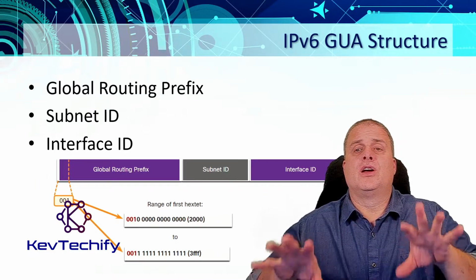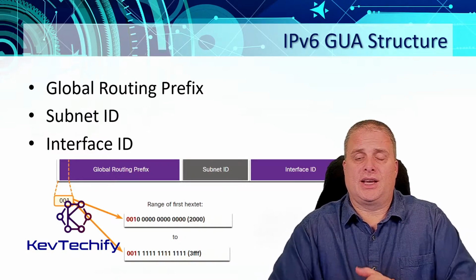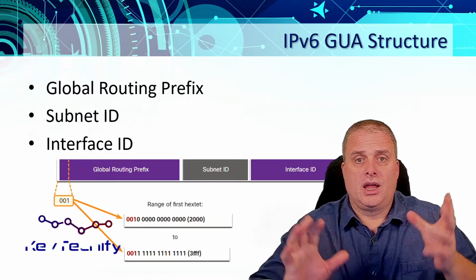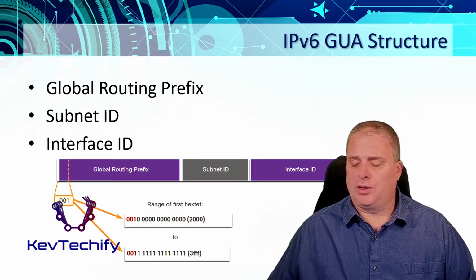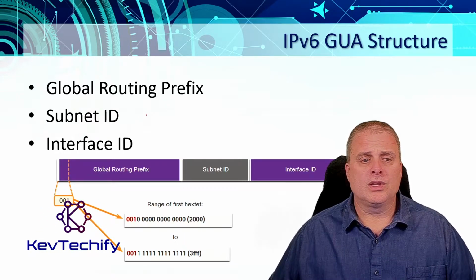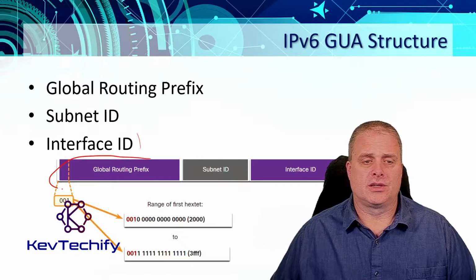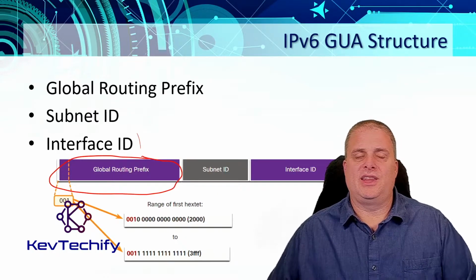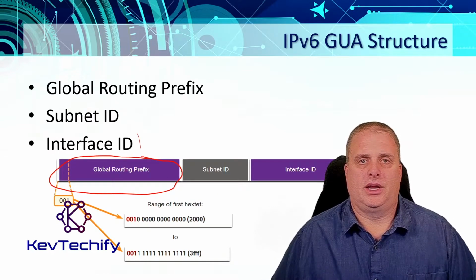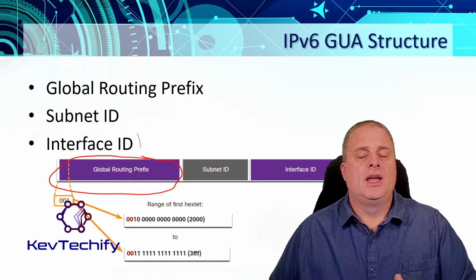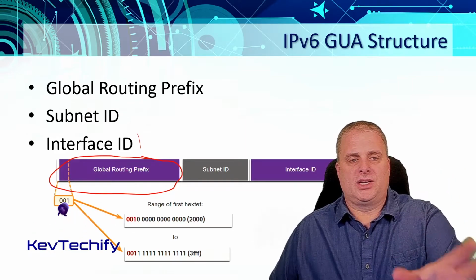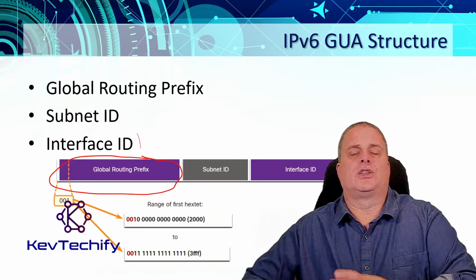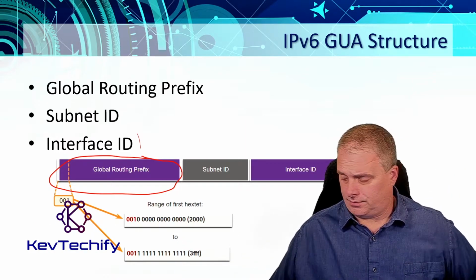As we look at this global unicast address, there's typically 3 parts to that. The first part here is the global routing prefix. This global routing prefix is sort of the identifier of your company, the identifier of your network. This says that anything matching this global routing prefix belongs to this organization.